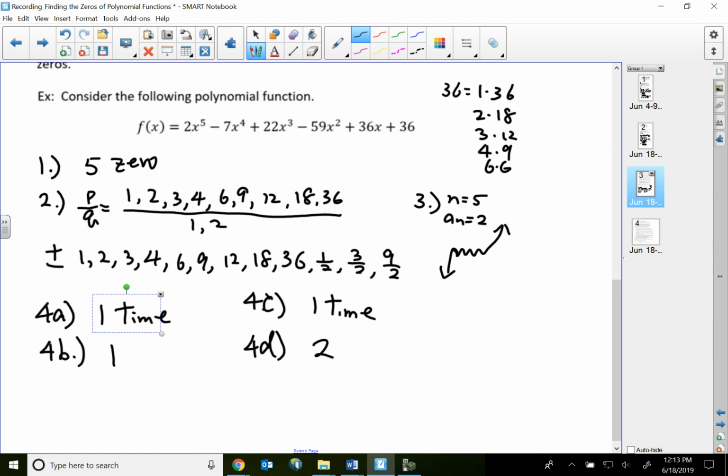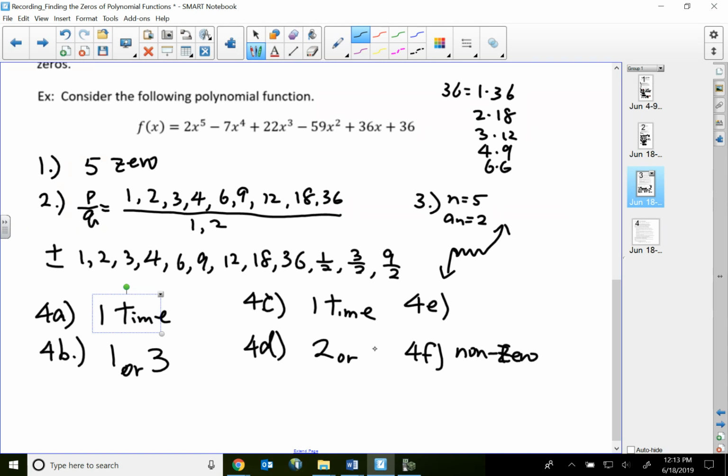So the remaining 2 zeros have got to be non-real because I don't see them. But I don't know for sure because we still have to think about it a little bit. Or if this one-time cross has a multiplicity of 3, then 3 and that 2 together is 5, so I'm good.